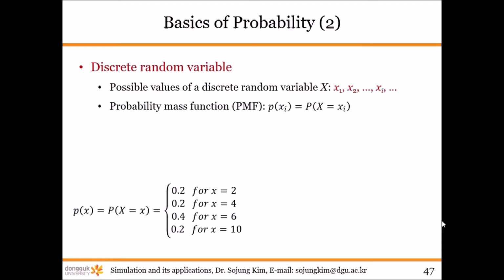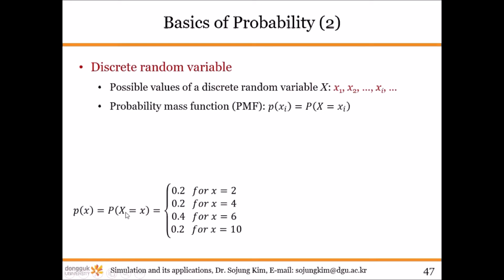And here's an example of the PMF, or probability mass function. In this case, x can have 4 different values, such as 2, 4, 6, 10, and we have 4 probability values for these 4 x values: 0.2, 0.2, 0.4, 0.2, okay?